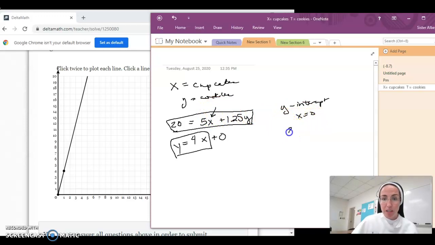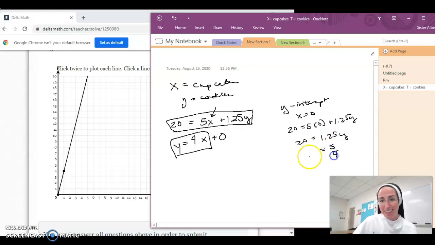That would be helpful. So 20 equals 5 times 0 plus 1.25y. So 20 equals 1.25y. Now let's change this into a fraction. This is one scenario where changing it into a fraction actually helps us rather than makes it more complicated. 1.25 is 5/4.